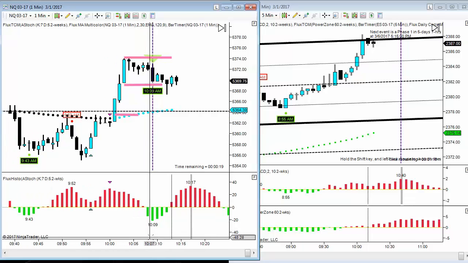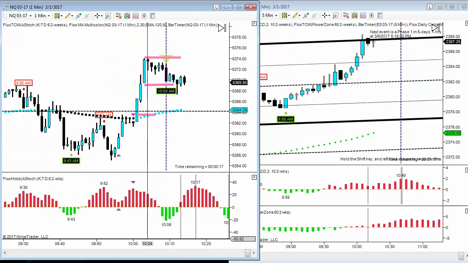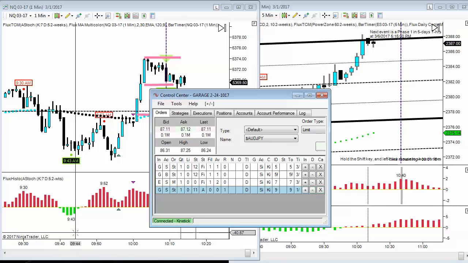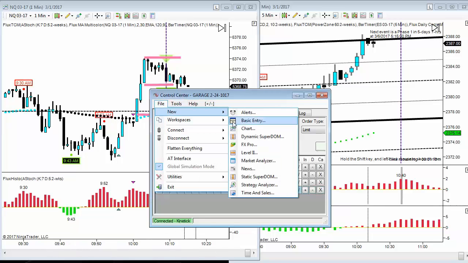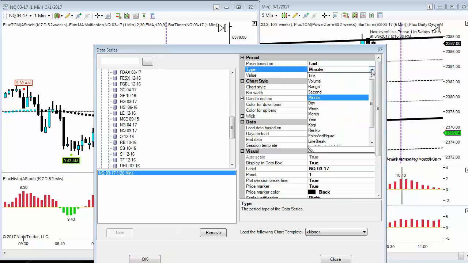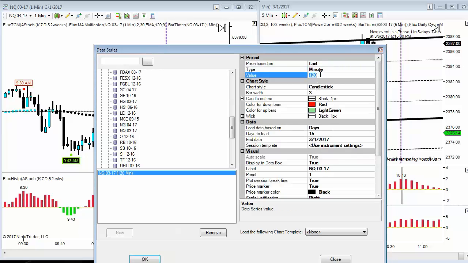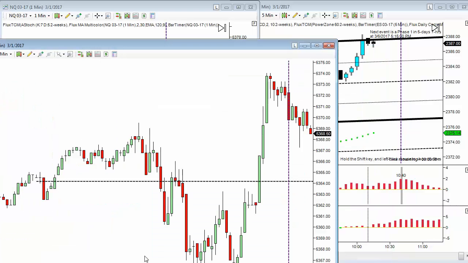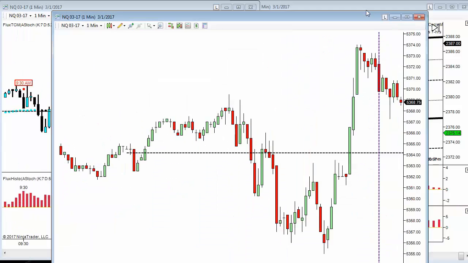Well, there's an indicator for that called the Flux Flashback Time Cycle Marker. So I'm going to come over here and open a brand new NQ chart. And it doesn't have to be 1 minute, but we're looking at 1 minute here in the live room today. So I'm going to pull up another 1 minute NQ chart.